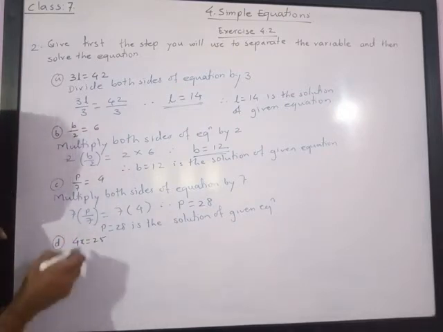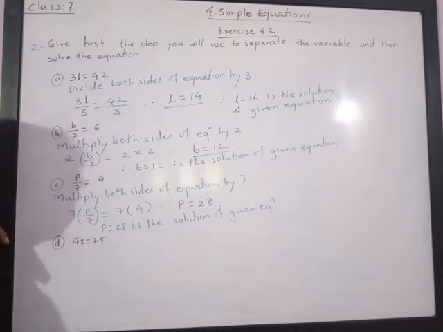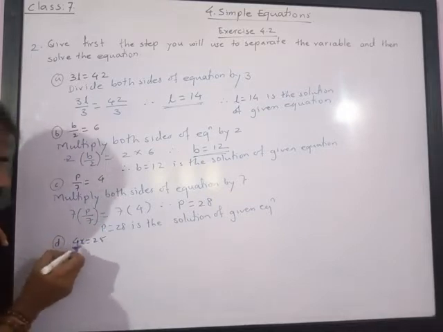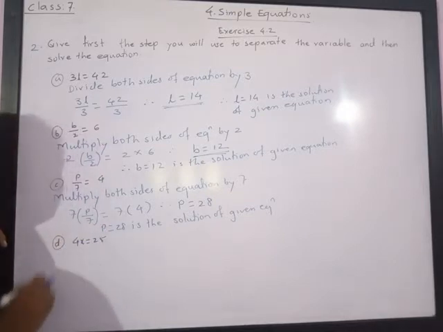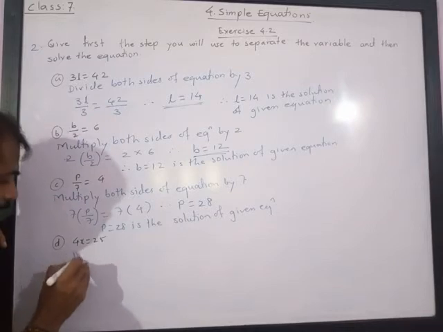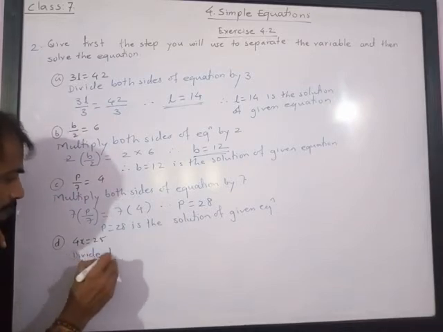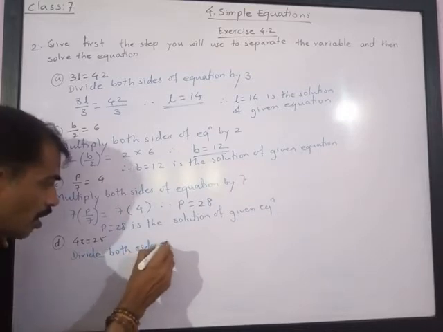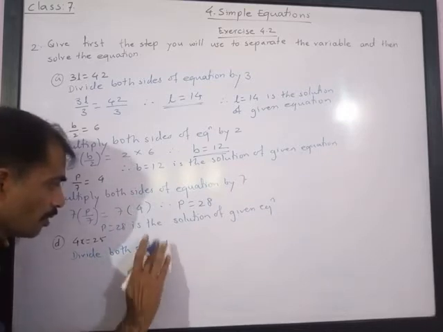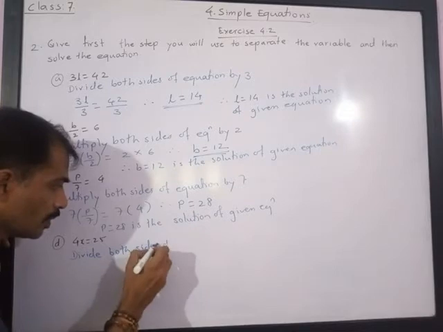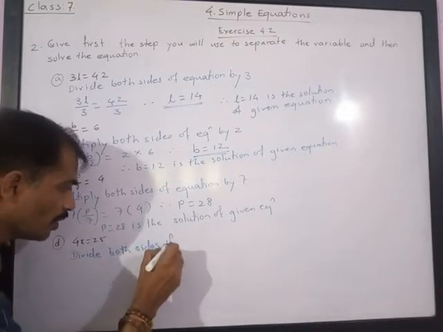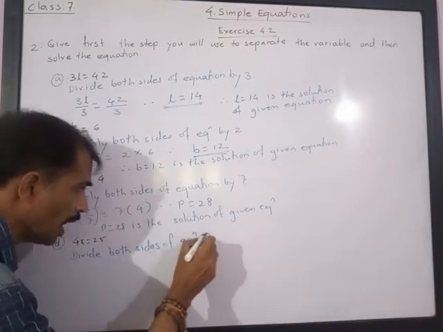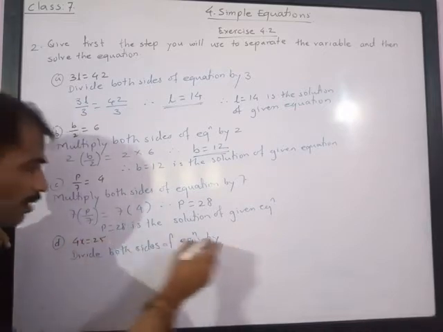The fourth equation is 4x is equal to 25. There 4 is multiplied, so we need to do the division operation. So divide both sides of the equation by 4.